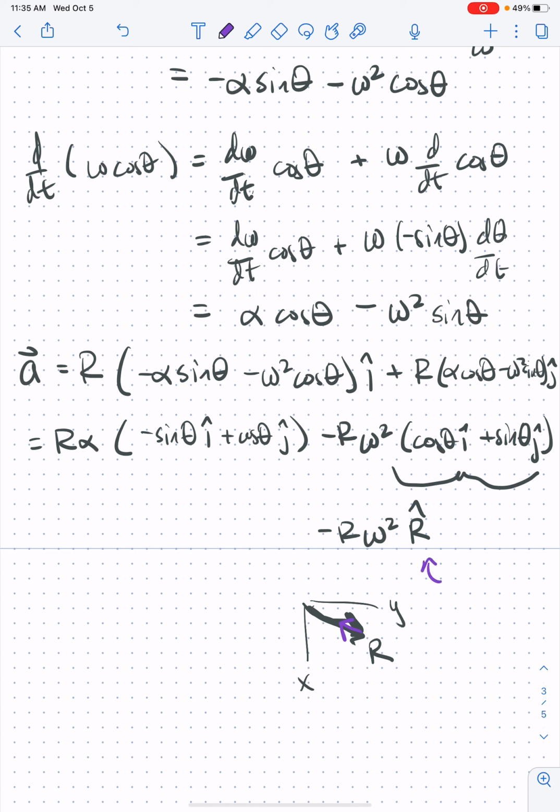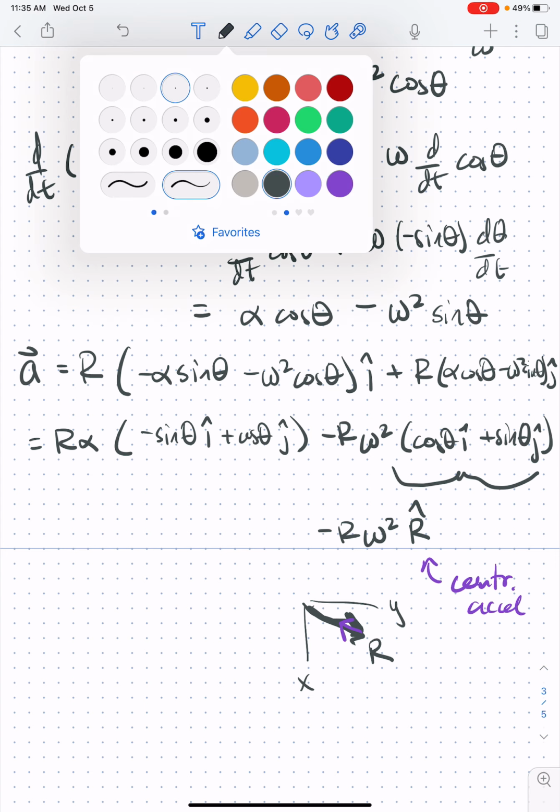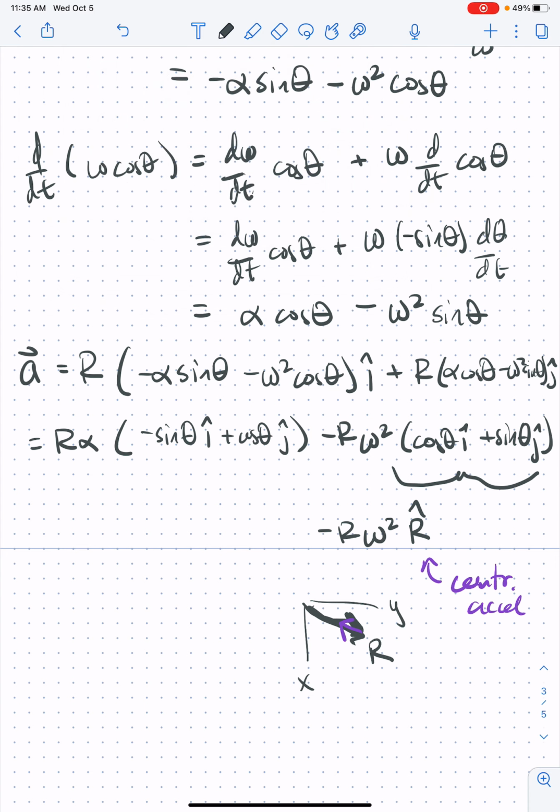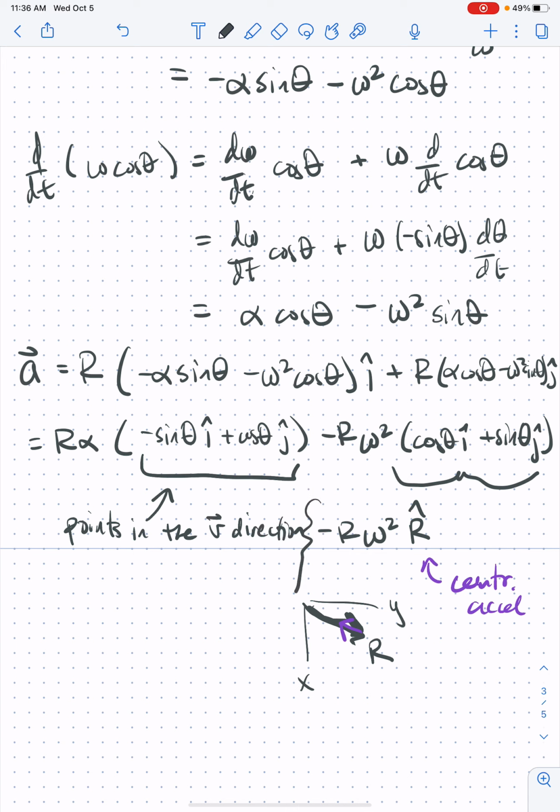So this is our centripetal acceleration, and it has the same magnitude as the centripetal acceleration we found in previous chapters, right? And then this part points in the v direction, right?